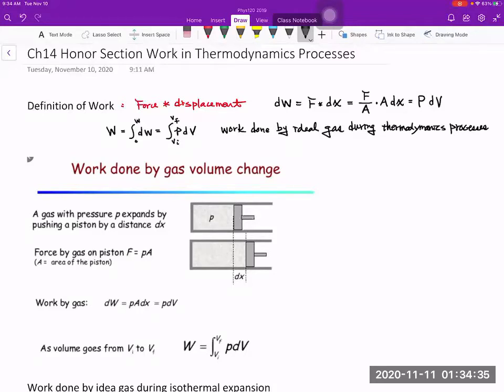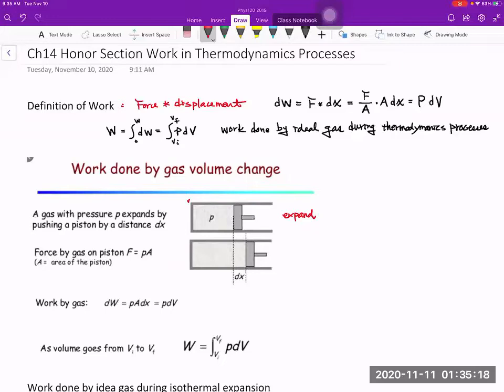Now let's look at the following picture to show you why and how to think of this in relation to the work. If you have a piston, like in the picture, and initially there's a pressure inside the gas, and it's going to expand, which means the inside pressure is larger than the outside pressure, so it will expand.